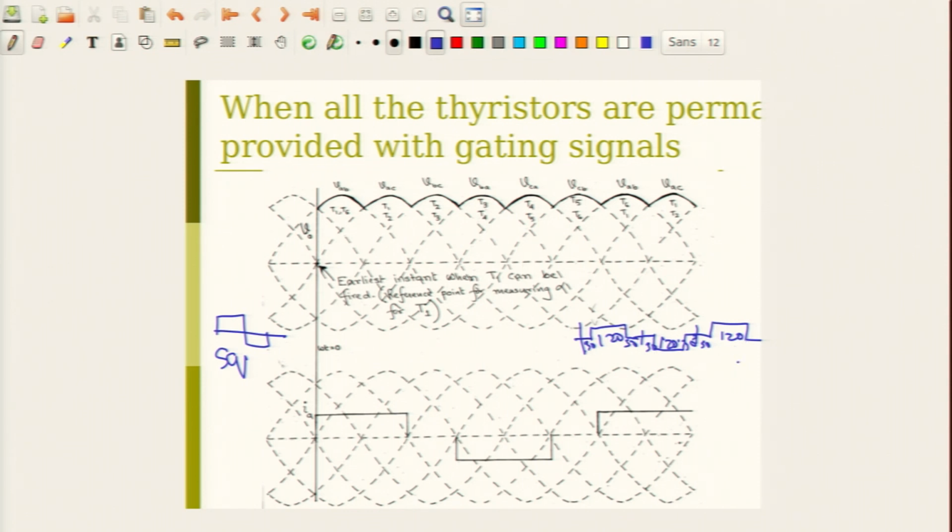This is a quasi square waveform, and it is very interesting that this waveform does not have third harmonic. So, this waveform you can do the Fourier series and see that if you have got a waveform of this kind, this total duration is 60 degrees, this is 120 degrees, this is 120 degrees.